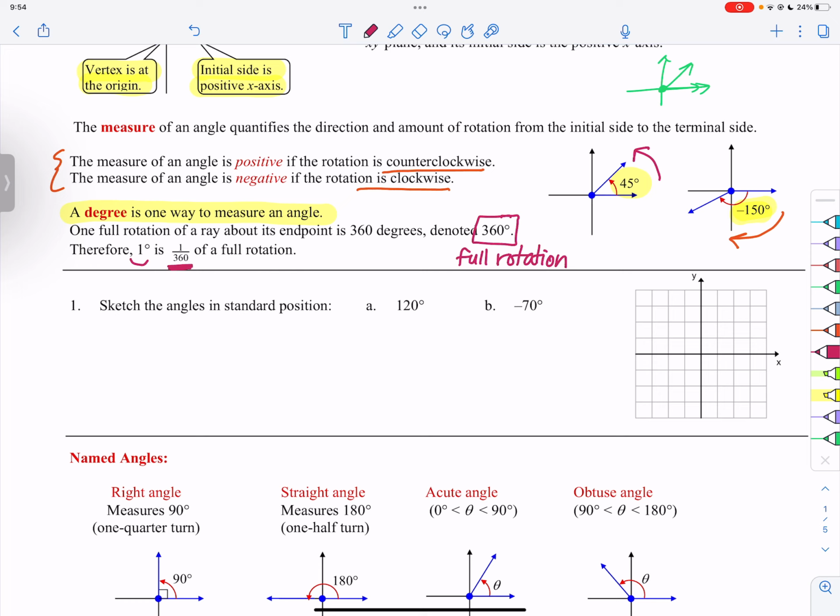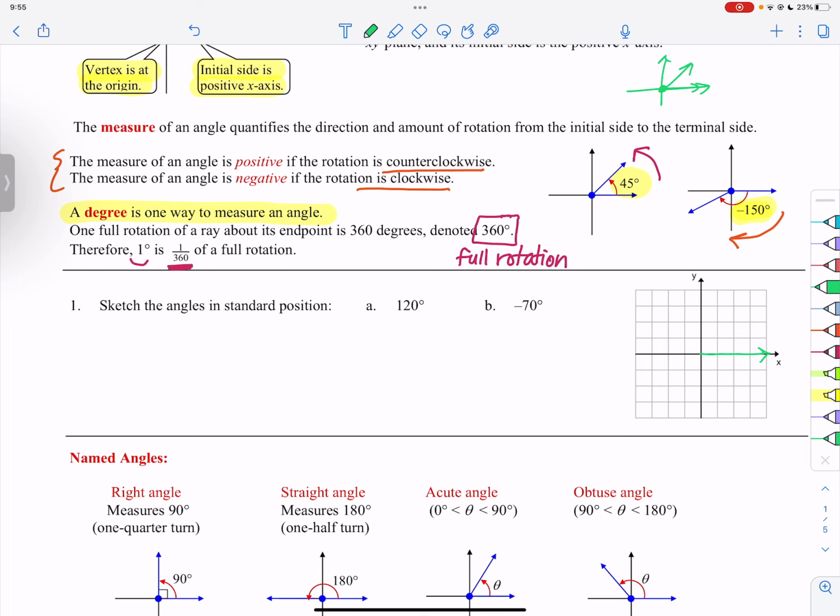Let's go ahead and just take our time and begin by sketching angles in standard position. We will actually sketch both of these. As you can see, 120 degrees. So we're going to begin in standard position, and we're going to rotate 120 degrees.